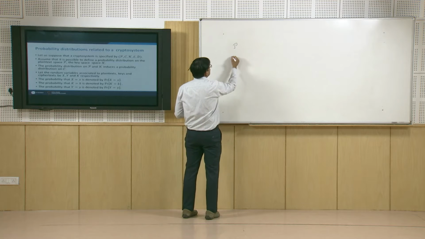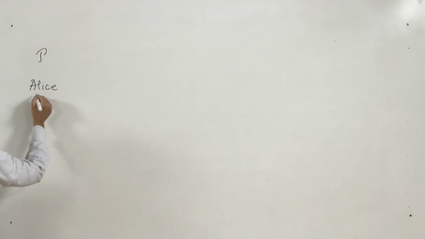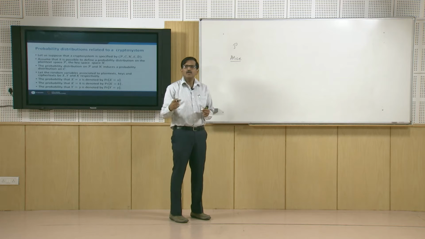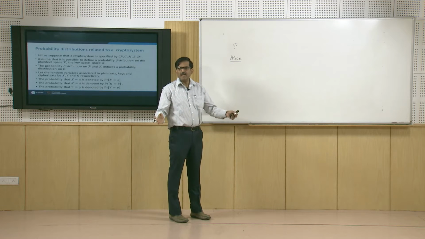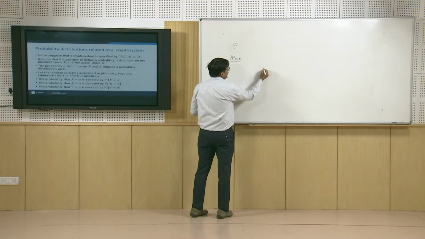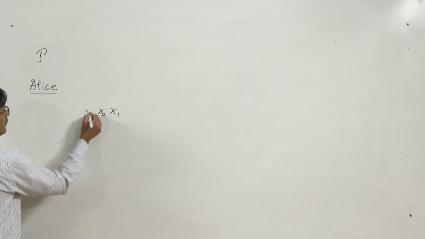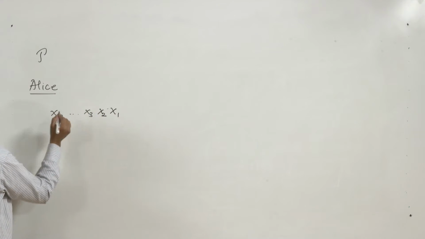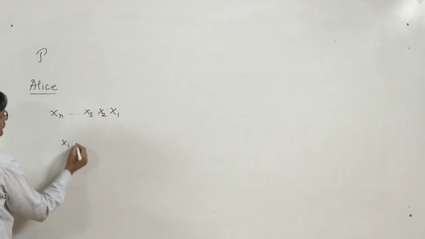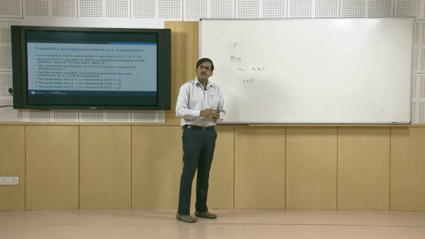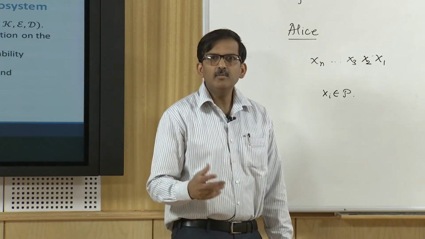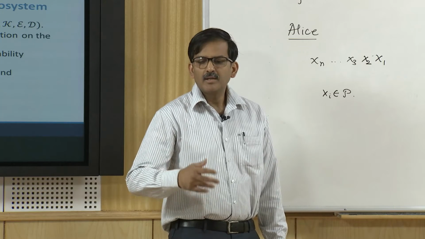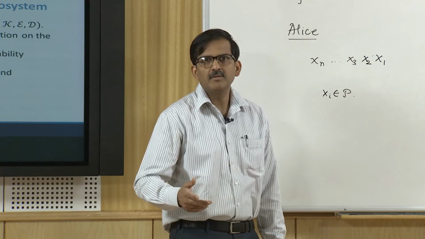Suppose Alice is sending a sequence of letters taken from P, which is basically a part of a language: x1, x2, x3 and so on, xn, where each xi belongs to P. Each time Alice sends an element from P, we can imagine that it is an outcome of a random experiment.